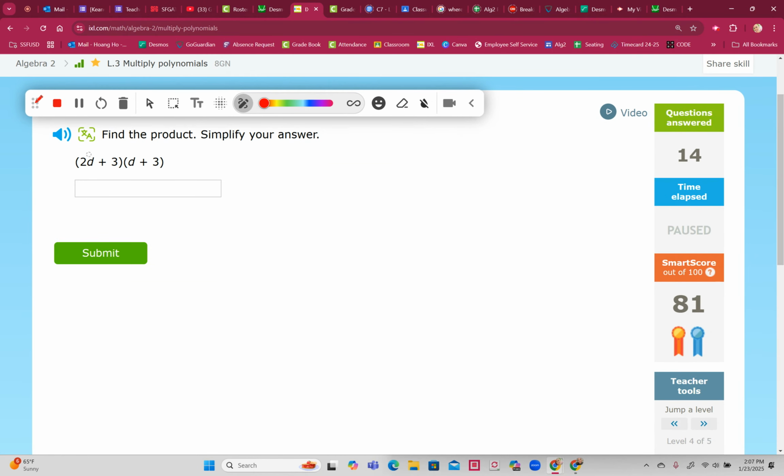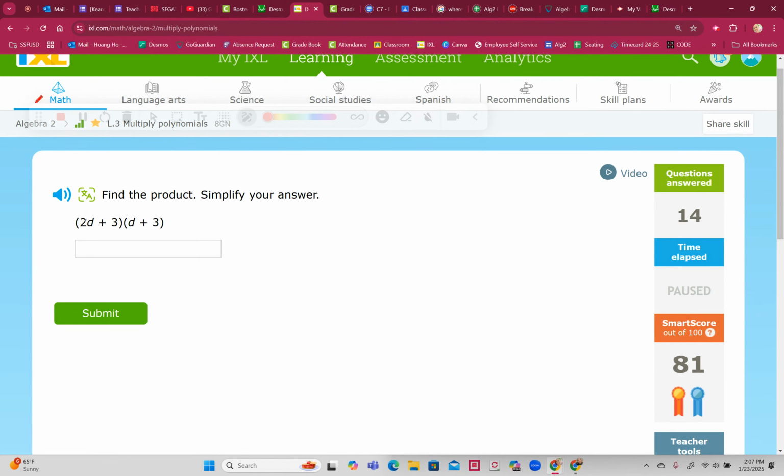So I would multiply, start with 2D and multiply with each term in the parenthesis on the right side. 2D times D is 2D squared. 2D times 3 becomes 6D.